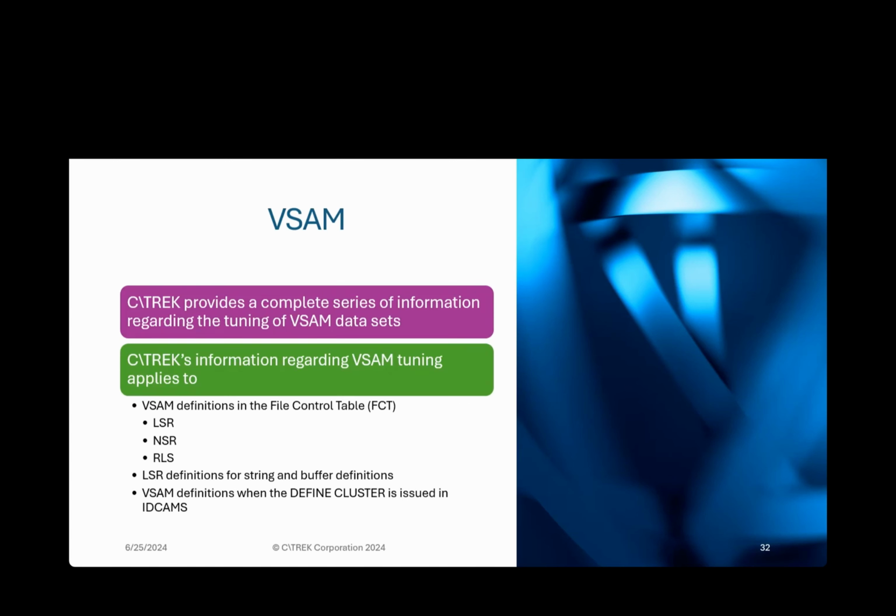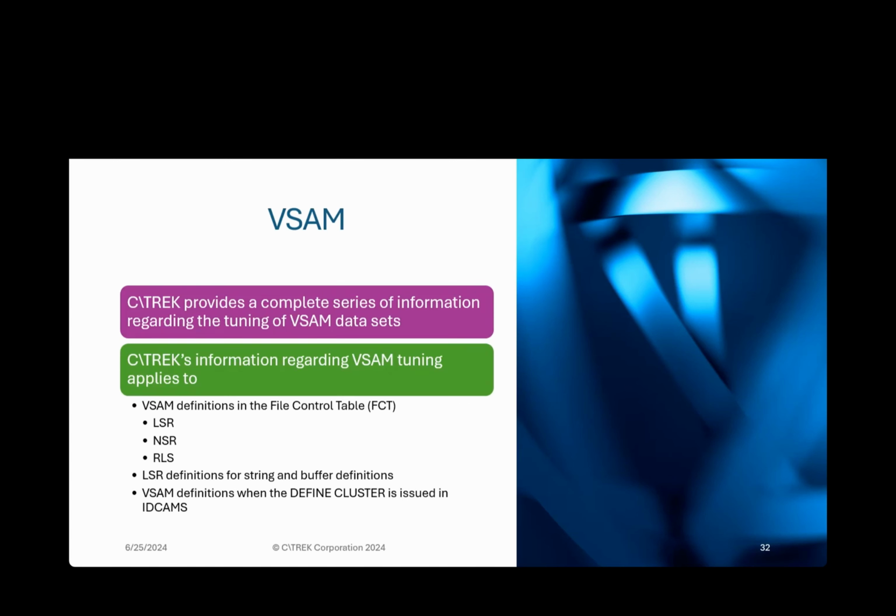C-Trek also provides information on exclusive control waits. We'll show you that a little bit later on. Overall, there are 34 different functions that C-Trek performs for you on how to tune VSAM data sets. Here is what you have available to tune.